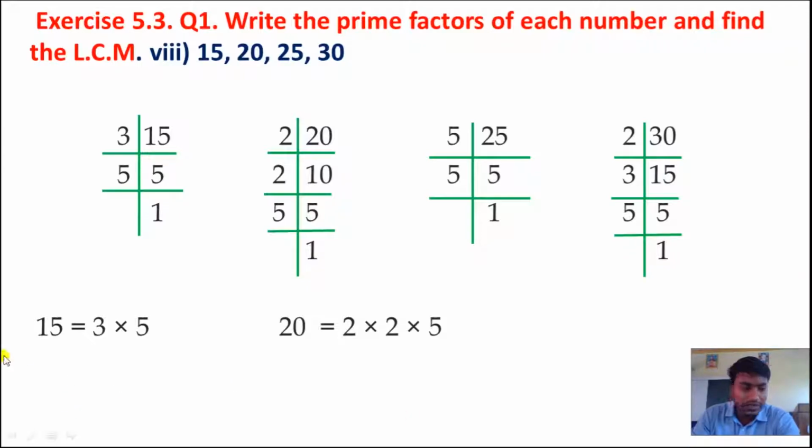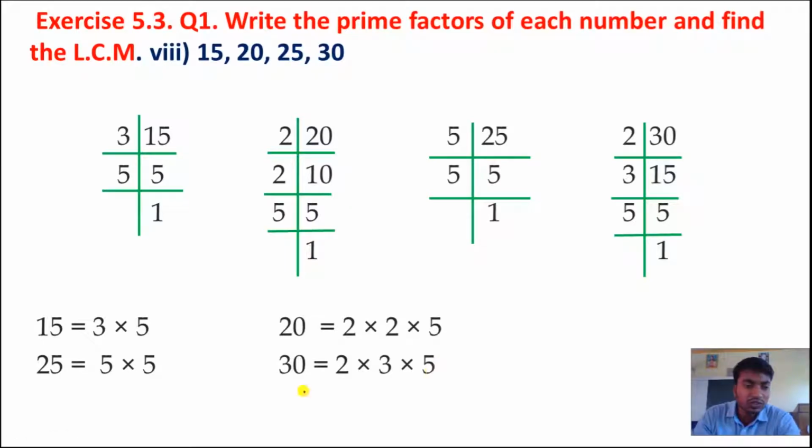Now you can see 15 equals 3 into 5, 20 equals 2 into 2 into 5, 25 equals 5 into 5, and 30 equals 2 into 3 into 5.